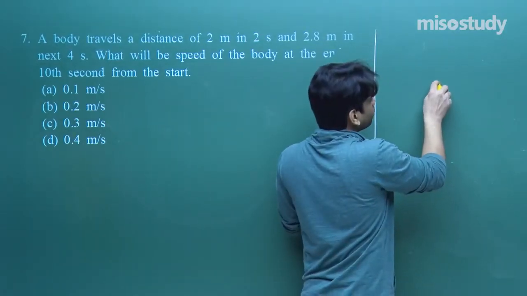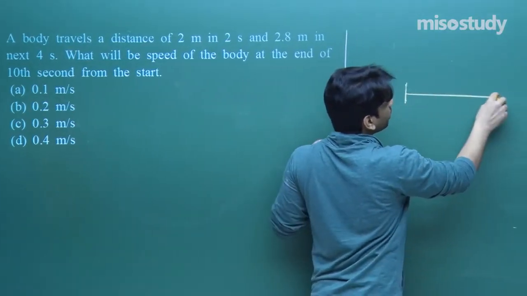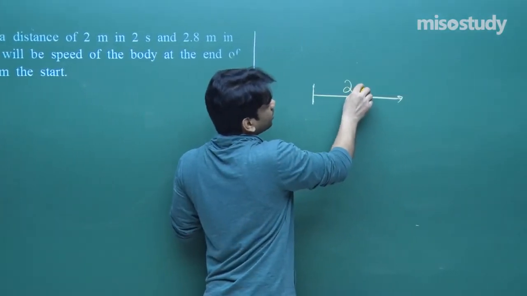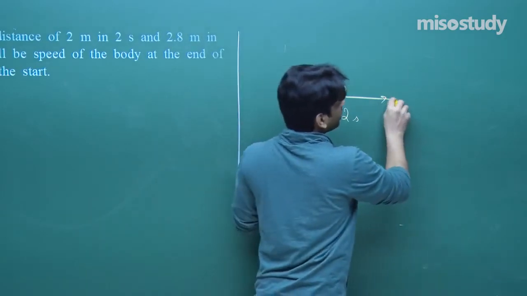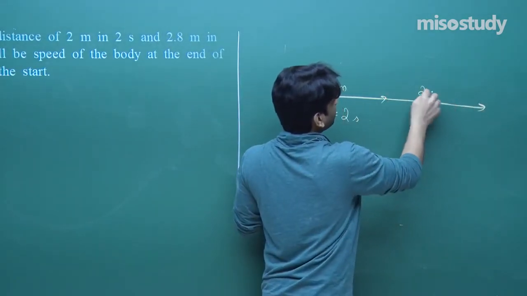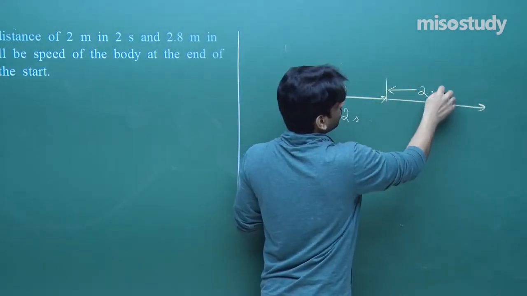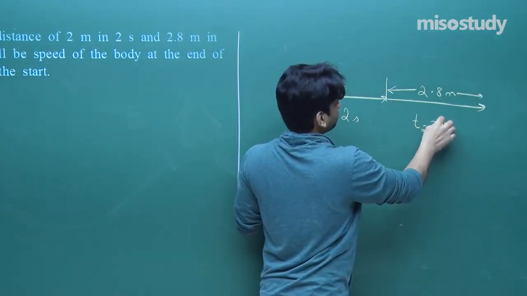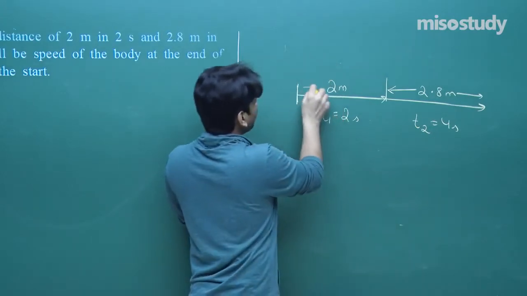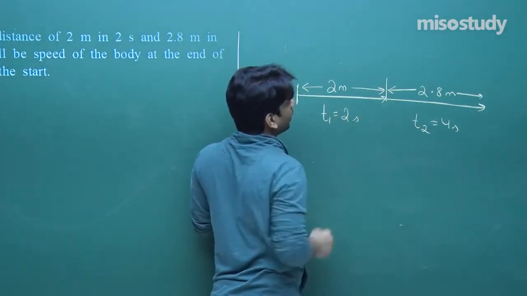Let's say its motion is starting from this point and it travels for 2 meter for 2 seconds. In the next 4 seconds, it only travels for 2.8 meter. This is the only information that has been provided to us.